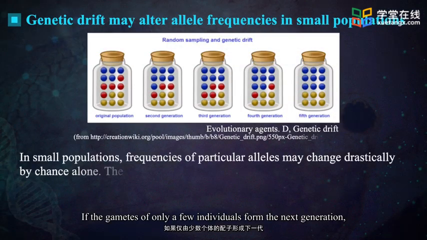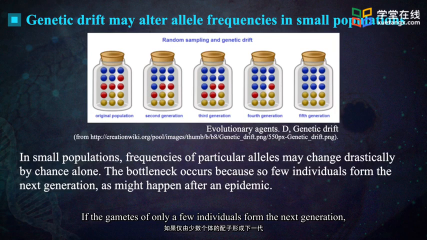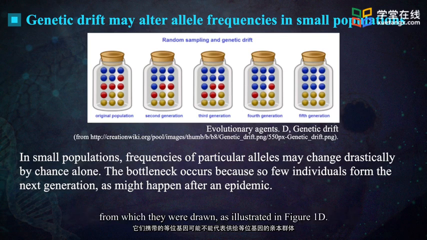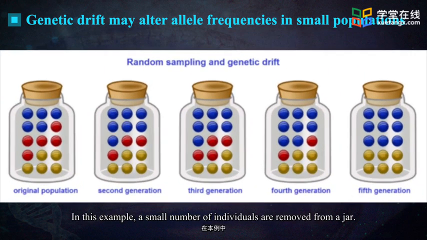Allele frequency may change drastically. If the gametes of only a few individuals form the next generation, the alleles they carry may not be representative of the parent population from which they are drawn, as illustrated in Figure 1D. In this example, a small number of individuals are removed from a jar.